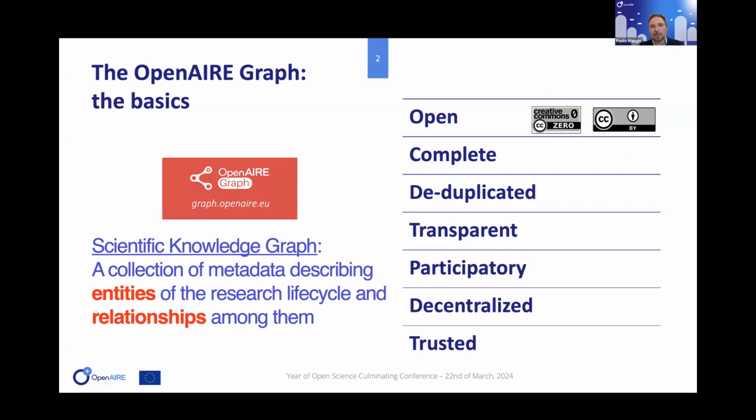It describes a collection of metadata that can be used for discovery, for monitoring, mainly for research assessment, and so on, that comprises different kinds of entities: research products, so publications, data, etc., plus organization information, researcher information, could be services, data sources, could be many other kinds of metadata. These are typically collected from a number of sources, which may vary in size, in number, and in typology, depending on the scope, of course, of the graph and who wants to use it.